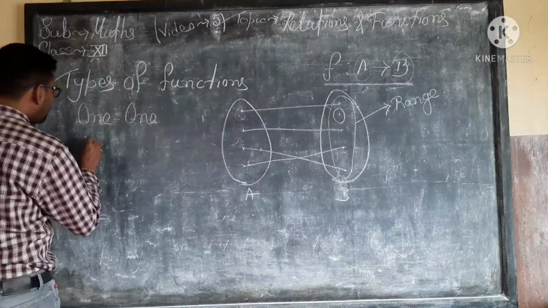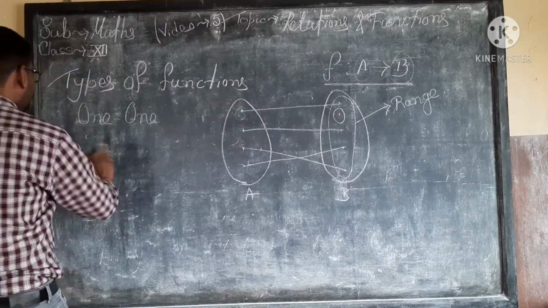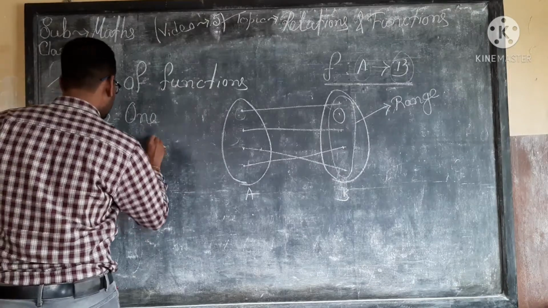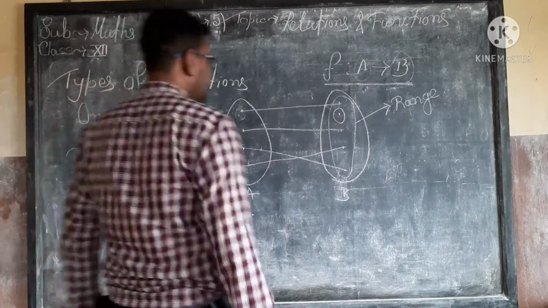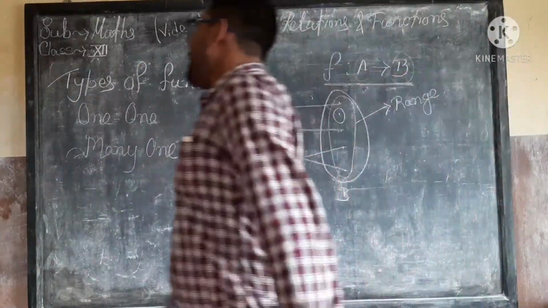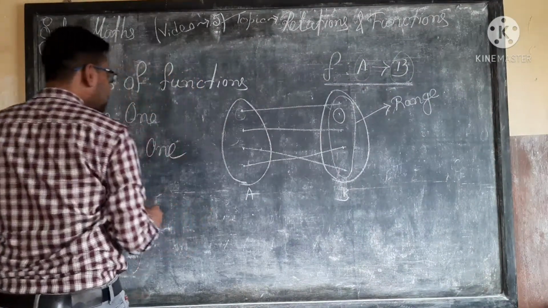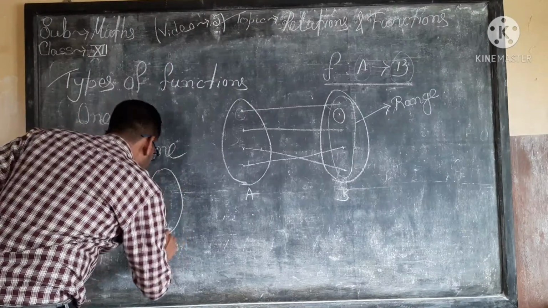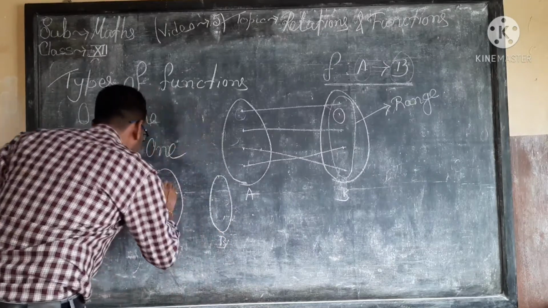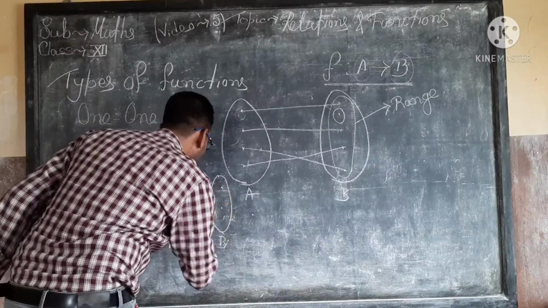After that, many one function. What is the diagram of the many one function? Suppose this is A and this is B, and this A contains 3 elements and this B contains 2 elements.